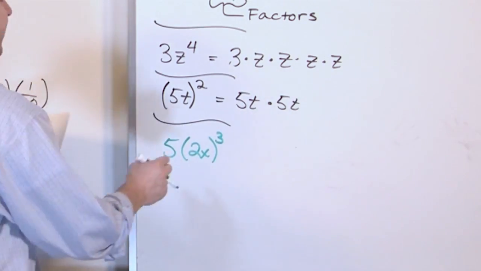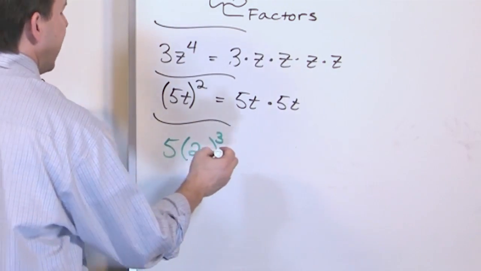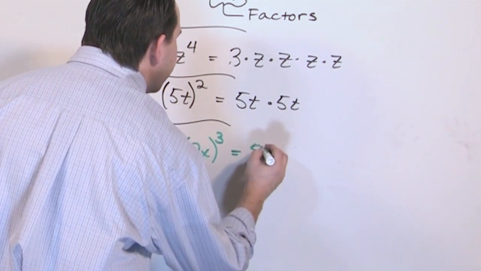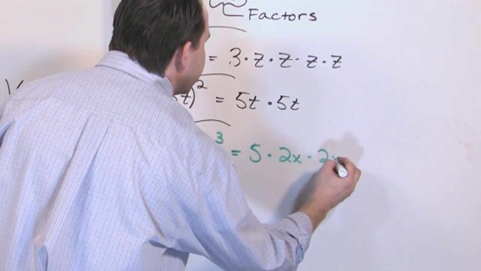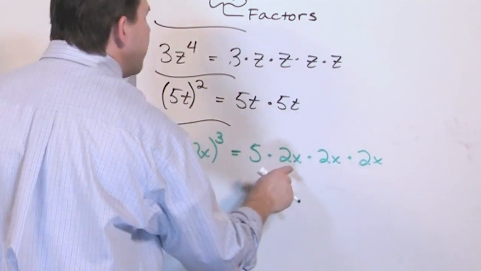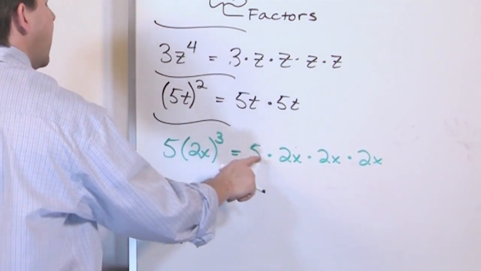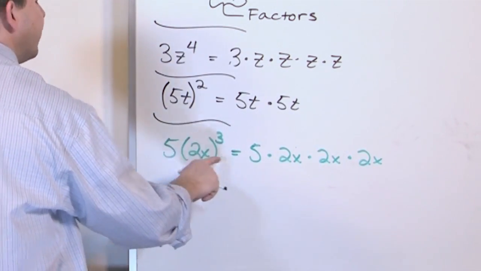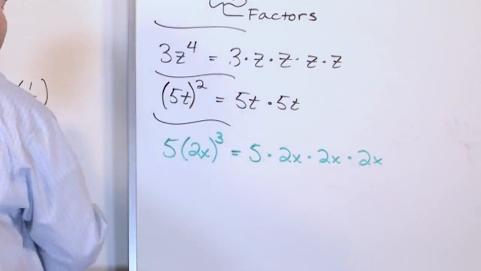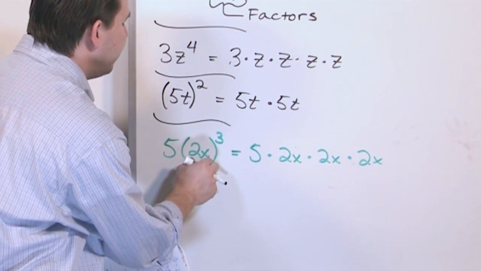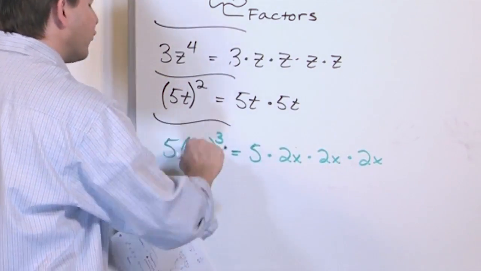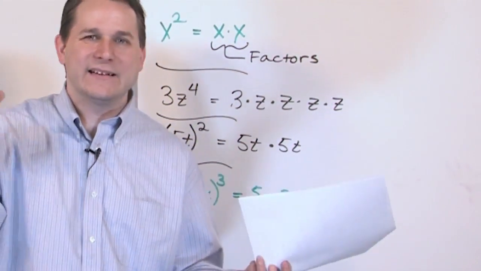And this is all raised to the 3rd power, so this is going to be 5 times 2x times 2x times 2x. I'm multiplying 2x times itself 3 times because that's the exponent. 5 is multiplied by everything because it's just sitting next to the parentheses there. And the exponent applies to the 2x as a whole unit because it's wrapped up in these parentheses. The parentheses are like a little sandwich bag.